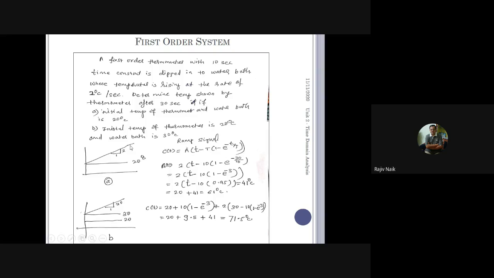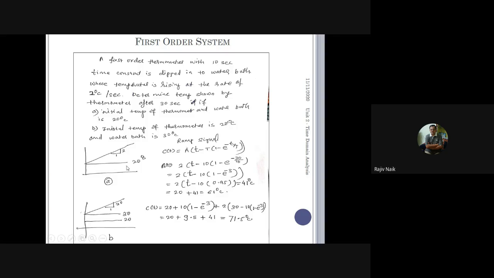The size of the ramp signal is the slope of this line. Normally the ramp signal line should start from the origin, but here it is starting at 20. That means the equation of the line is y equals mx plus c, where m is the slope 2 and c is the intercept, that is 20.